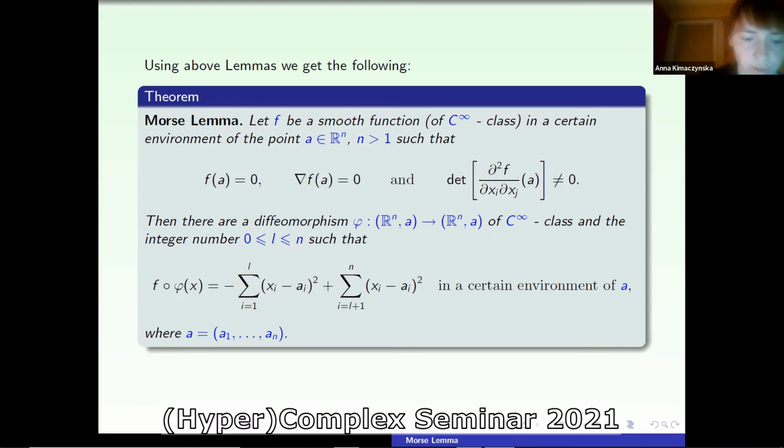The proof of the Morse lemma, we do using previous lemmas, and we bring this proof to the case x0, a, in this case a equals 0.